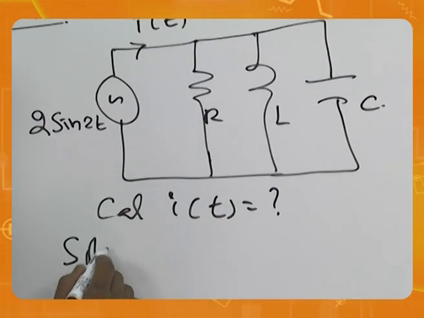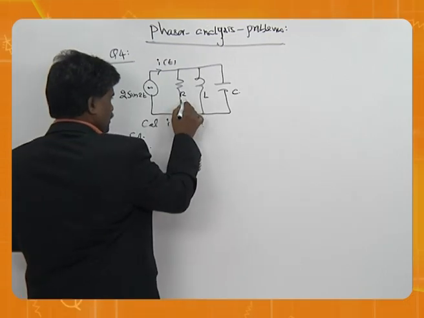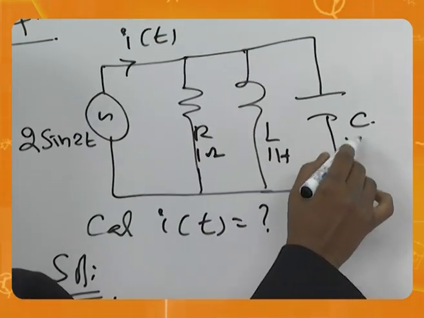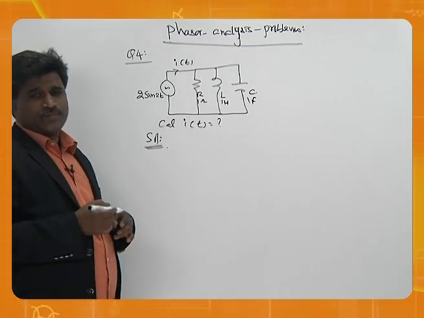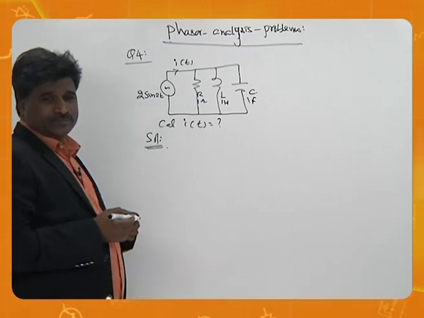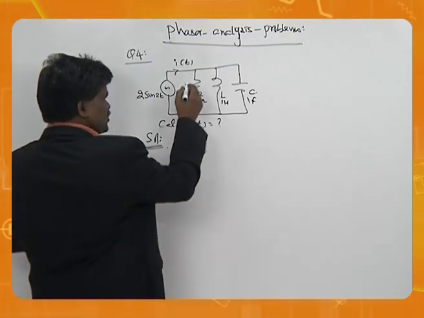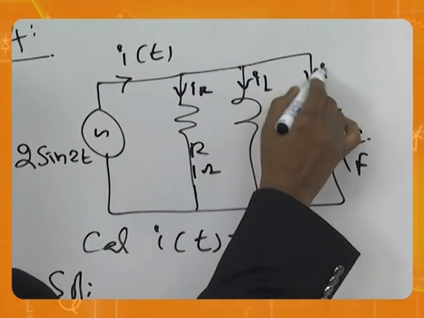Now let me go for the solution. Values are taken as 1, 1, 1. Suppose you call these IR, IL, IC.